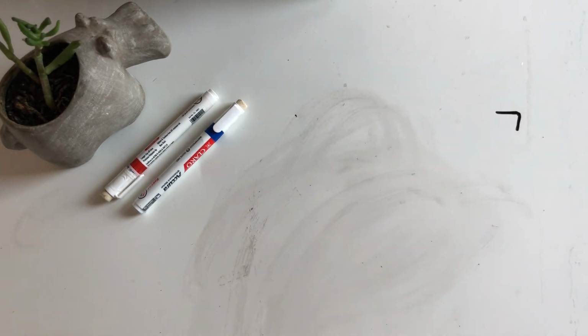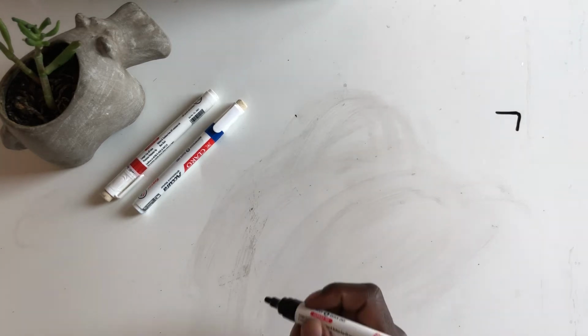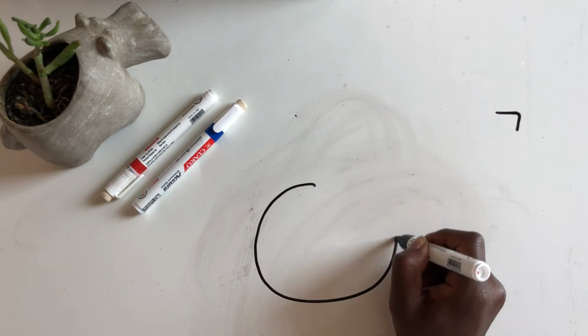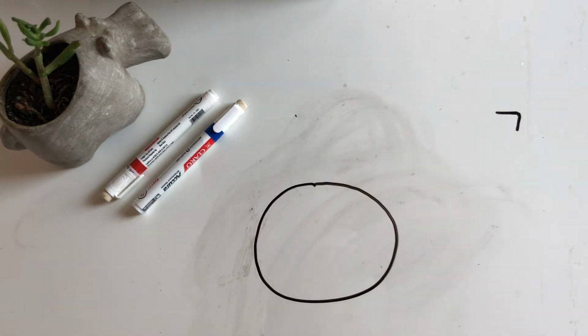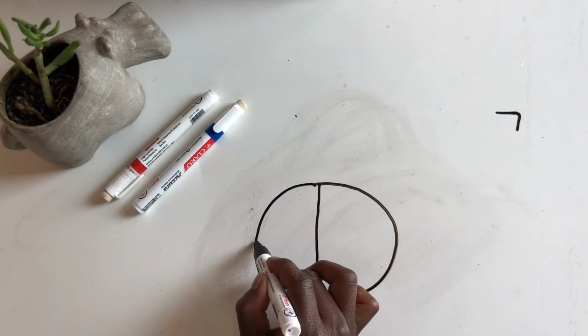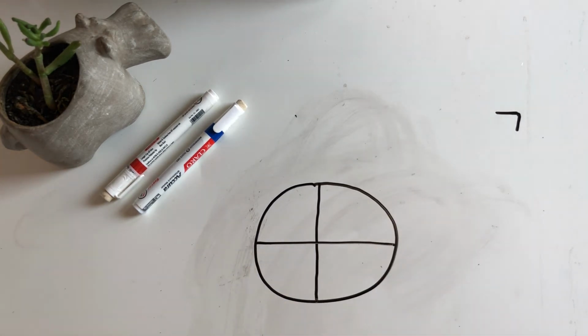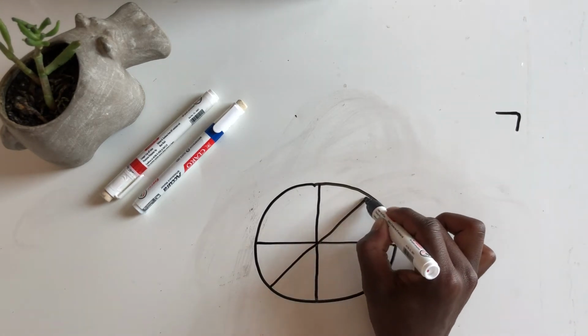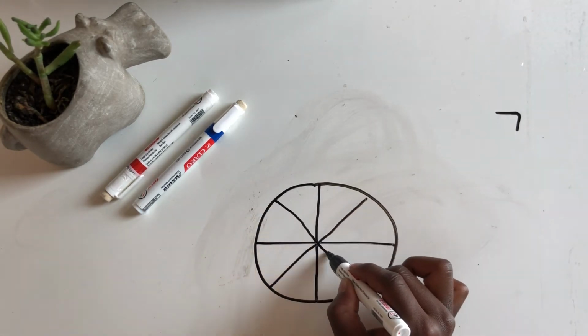Perhaps a circle this time. Excuse the circle, but it will be a freehand one. Let's cut that up, and let's make it a bit more interesting by adding more pieces.